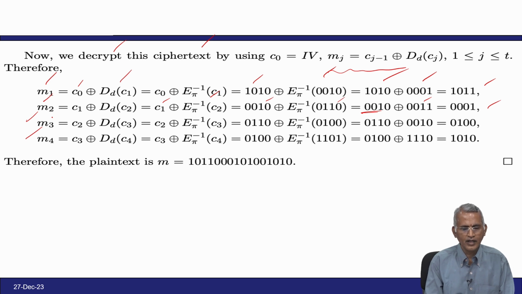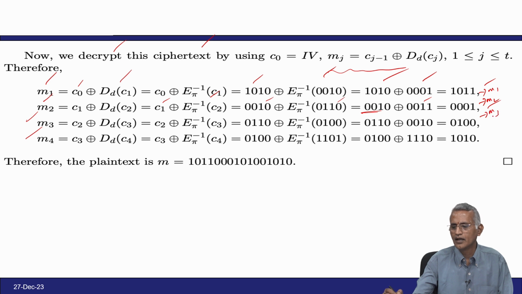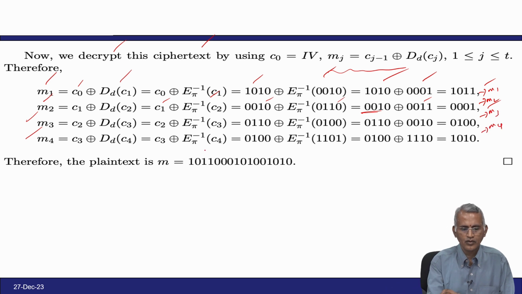So you can get the plain text: this is M1 and this is M2, this is M3 and this is M4. The first 4 bits stand for M1, the next 4 for M2, the next for M3, and the next for M4.